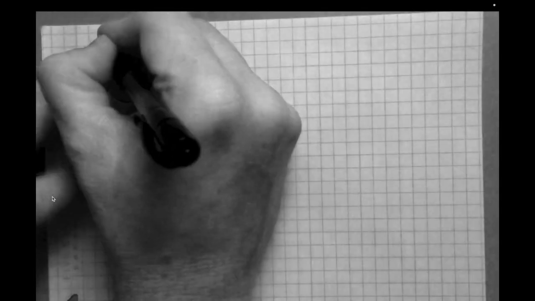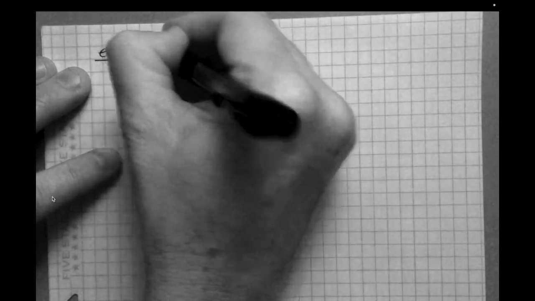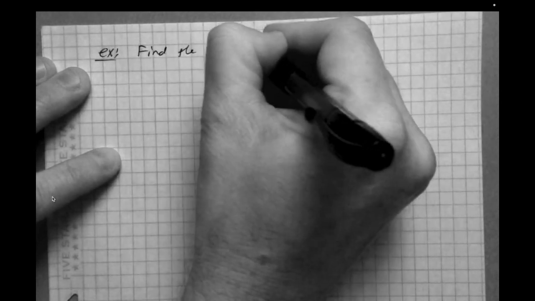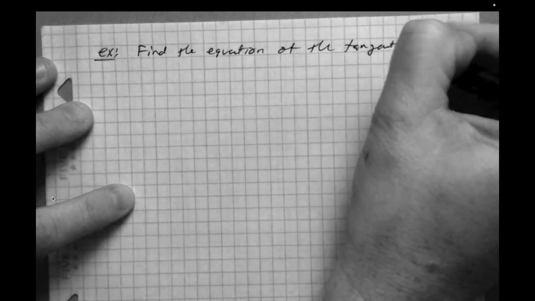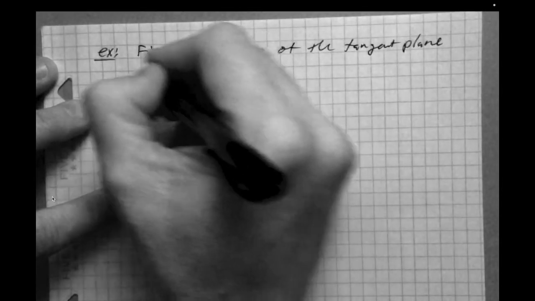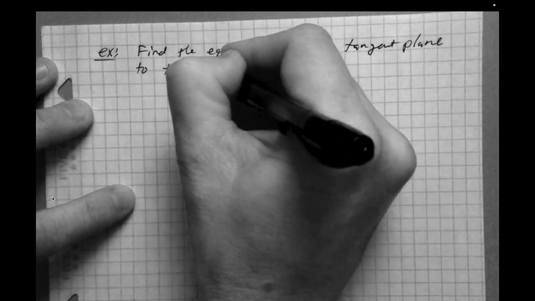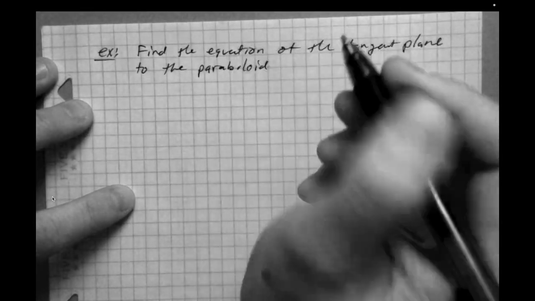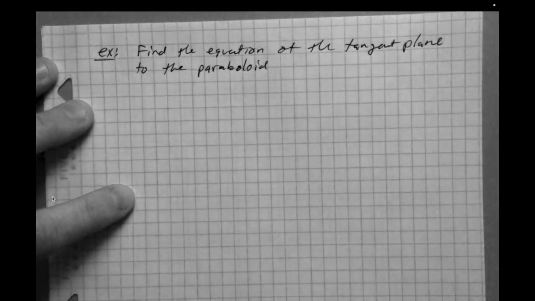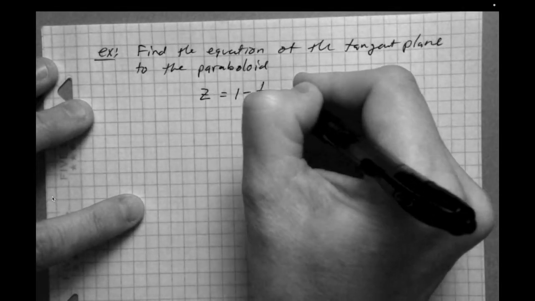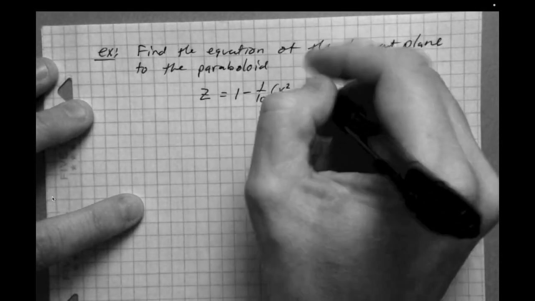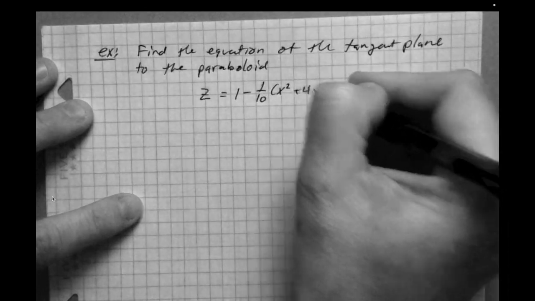All right, how about another example? Let's find the equation. Find the equation of the tangent plane to the paraboloid. And it's going to be written like this: z equals 1 minus 1/10 x squared plus 4y squared.